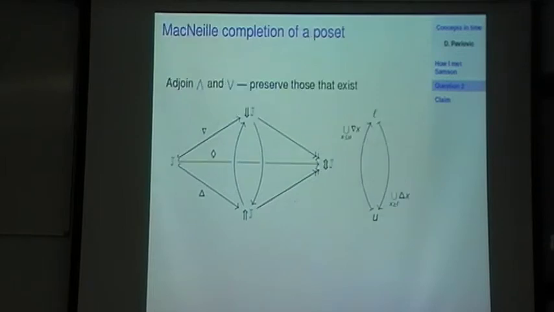And MacNeille then generalizes that. You can do that with any partially ordered set. You take on one hand the complete lattice of lower sets, on the other hand the complete lattice of upper sets. The fact that one is a join completion and the other is a meet completion gives you the adjunction. So you can map every lower set into the upper set of its upper bounds and the other way around.